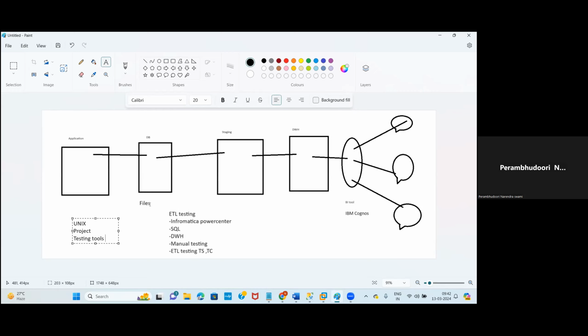Even in Informatica PowerCenter and Cognos, I'm going to teach you at a development level. If you have a structured project, you first learn how to develop, and after that how to test it. That is the level of training we are going to do. Okay, so these are the things we are going to learn in our class.